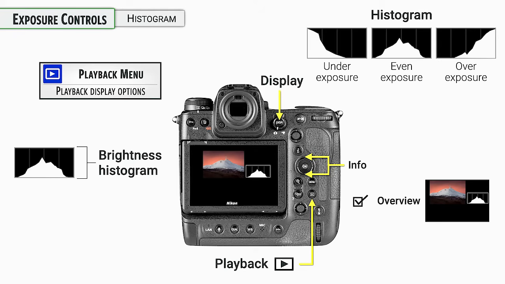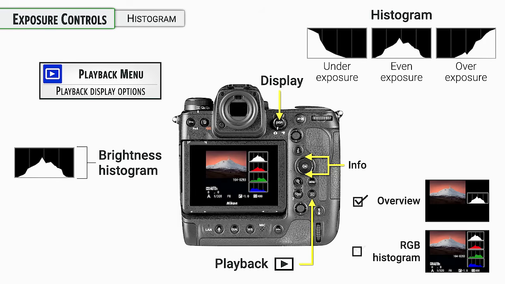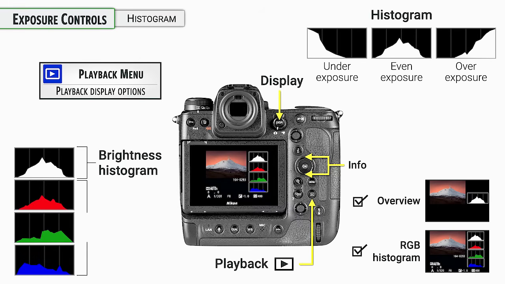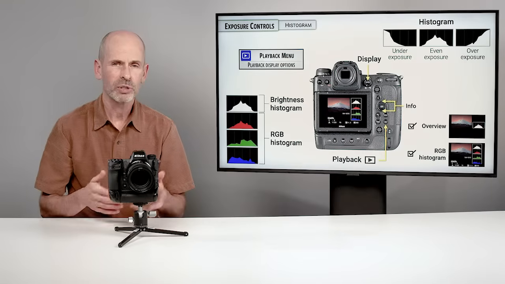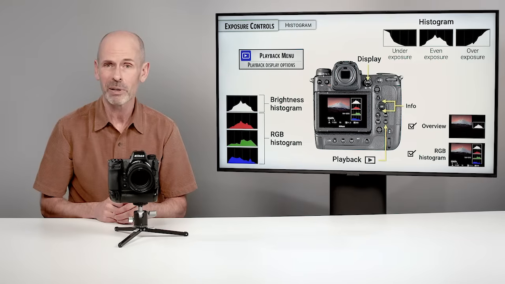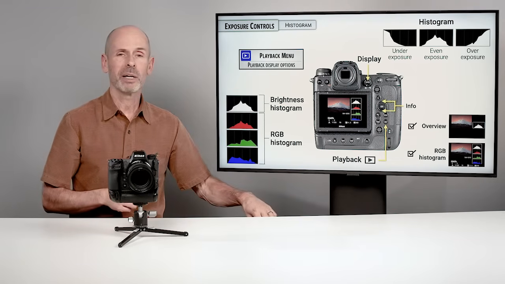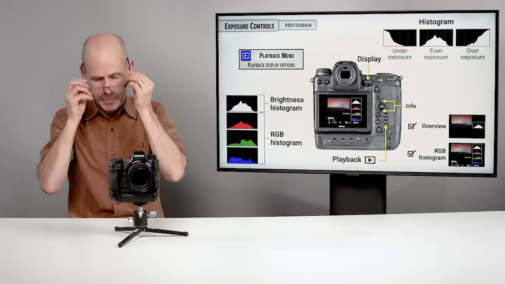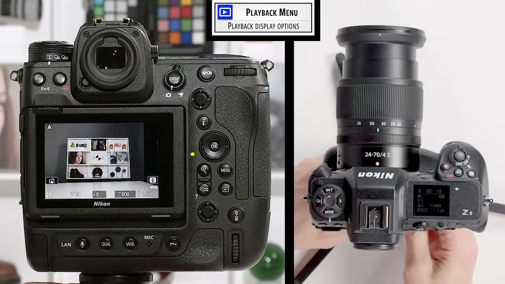You have to go into the menu and check off the box for overview, and check off the box for the RGB histogram if you want to see these other display options. I always find this frustrating because I'm teaching people how to use Nikon cameras and this isn't how they work by default. So let's go in and change this right here and now, because I like to have options.